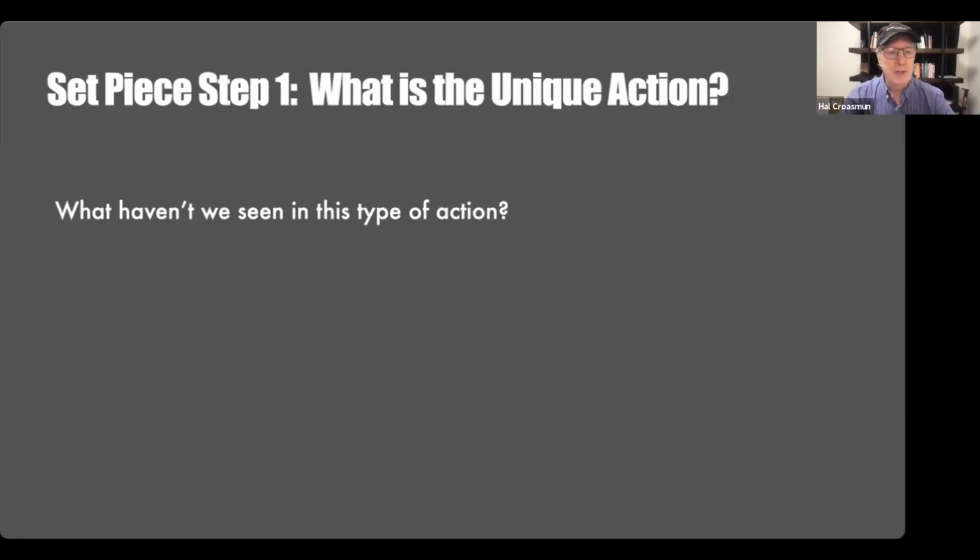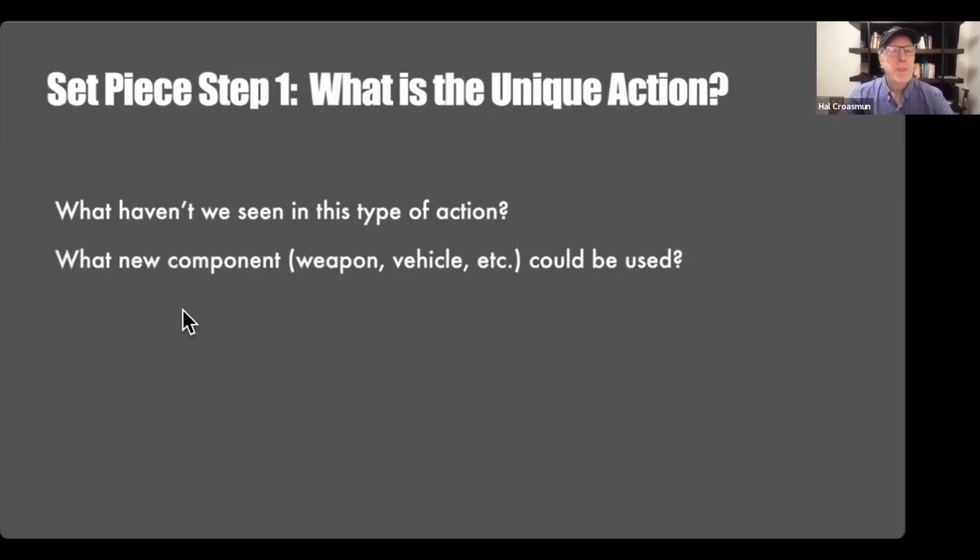You want to ask those kinds of questions so that you can come up with something that's unique, that's compelling, something that has some aspect we haven't seen before. What new kind of component, a weapon, vehicle, whatever, could be used?